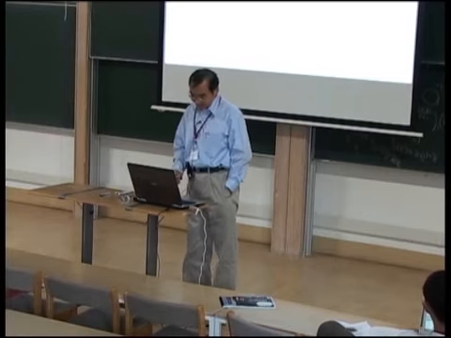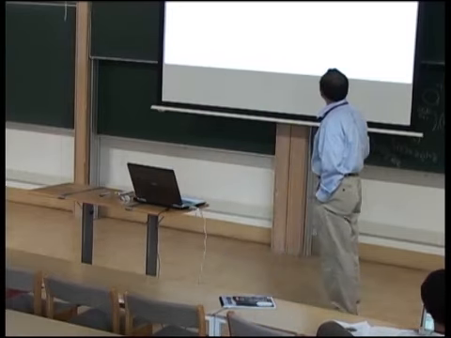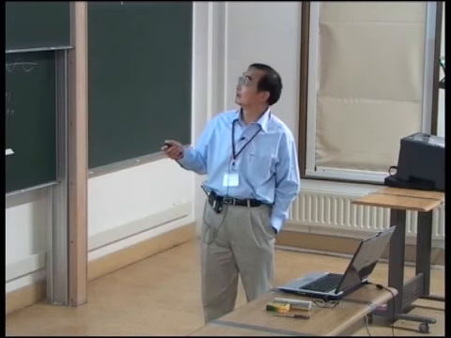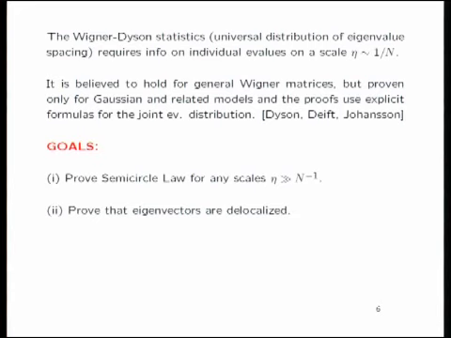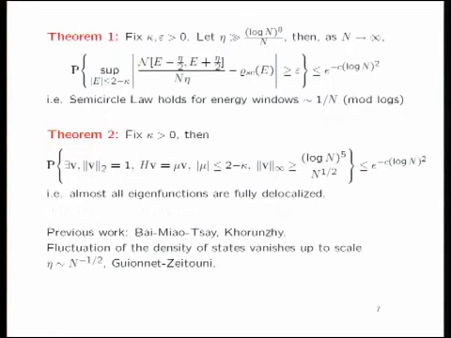So what we are trying to do is prove the semicircle law at any scale bigger than n to the minus 1. And then we want to prove the eigenvectors are not localized. So here is the statement of the theorem. You have to fix some small parameters.